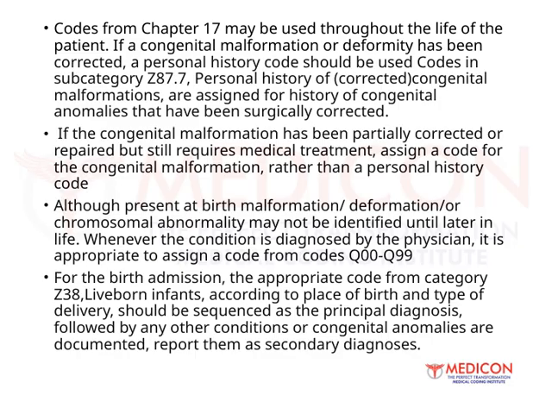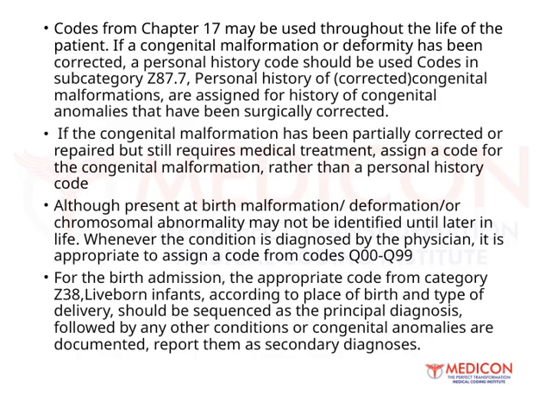It's also important to remember that some conditions present at birth, like malformations or chromosomal abnormalities, might not be diagnosed until later in life. Whenever a physician diagnoses such a condition, you should assign the appropriate code from the Q00 to Q99 range. Finally, when coding for the birth admission, you need to use a code from category Z38, which covers live-born infants.